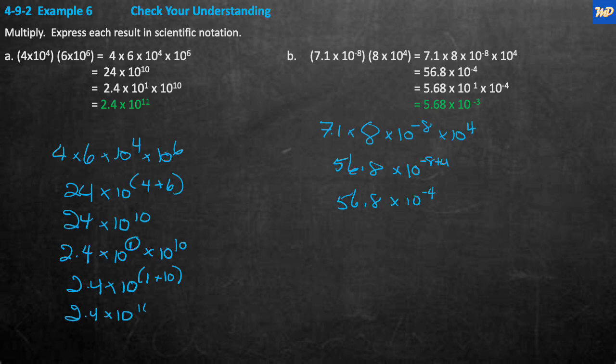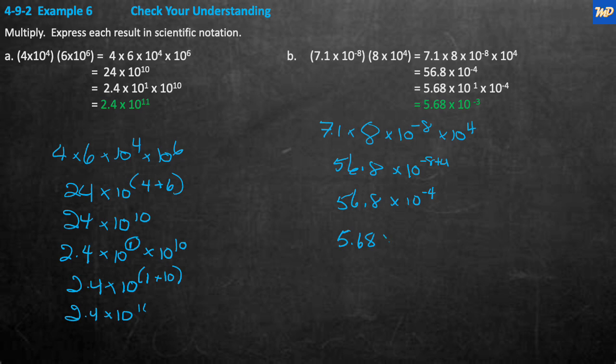And now we have to convert this to scientific notation. So, like I said before, you go where you want to be. You want to be at 5.68. We wanted this decimal point to be here. Well, now that we have it like this, what do we have to do to make it look like this? We have to multiply 5.68 times 10 to get to 56.8.